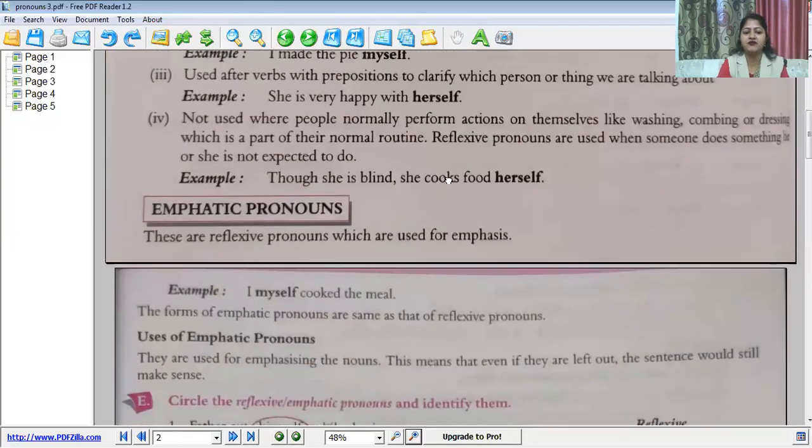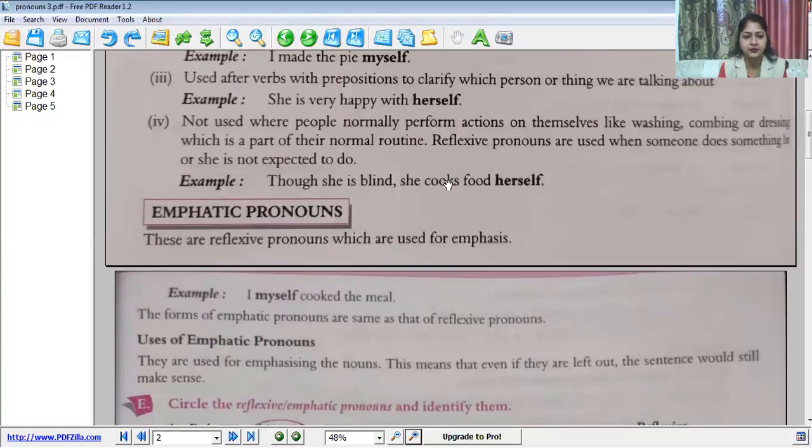What are emphatic pronouns? These are reflexive pronouns which are used for emphasis, to put in more emphasis. But the only thing is, generally for emphatic pronouns, if you don't use these, the sentence still makes sense. For example, I myself cooked the meal. Okay, I cooked the meal.